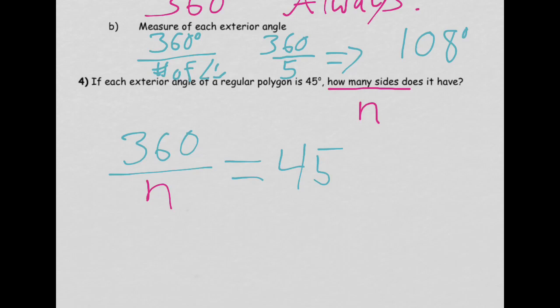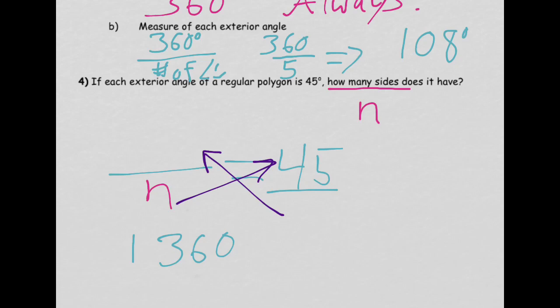So now what do we do? Well, we cross multiply. n times 45, 1 times 360. And so we get 360 equals n times 45.